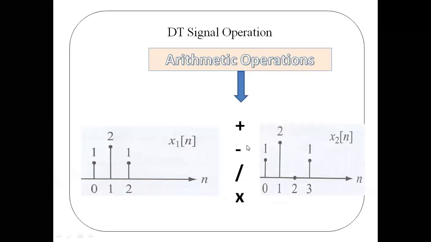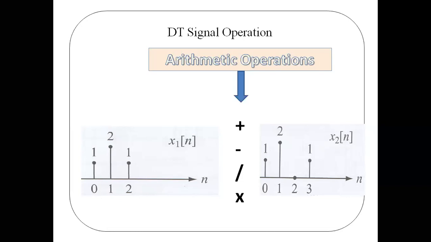Okay, so we're going to see the next slide, which is on the arithmetic operations. Likewise, as in the continuous time domain, discrete time domain signals can be operated on using the arithmetic operations: addition, subtraction, division, and multiplication. I give you examples here, whereby we have two signals labeled x1[n] and x2[n].